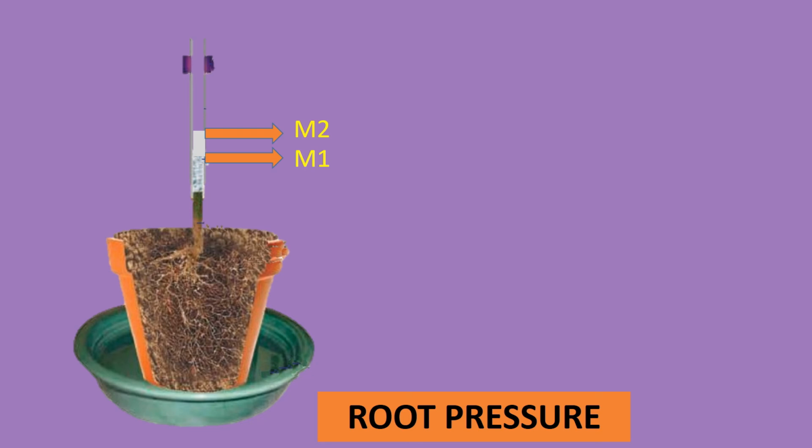The water level was raised because of root pressure. By this we can understand that the water level increased in the glass tube with the help of root pressure only. In this way, in plants, water is transported through the xylem tissue.